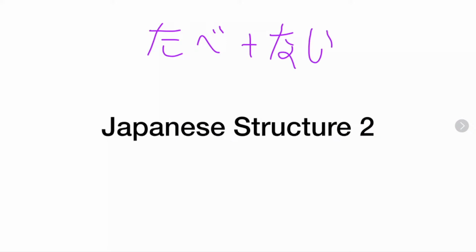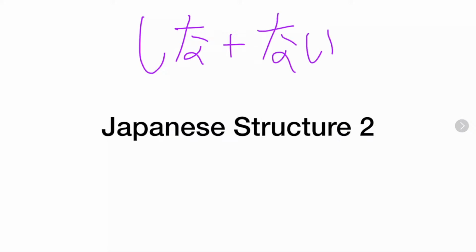So tabenai. And that's iru verbs. If it's a regular verb, so let's say shinu, right? Shi, nu. Change the nu to na, right? Shi, na. And then add nai. Shi, na, nai. So it's already what you knew. And that's just an example of it.